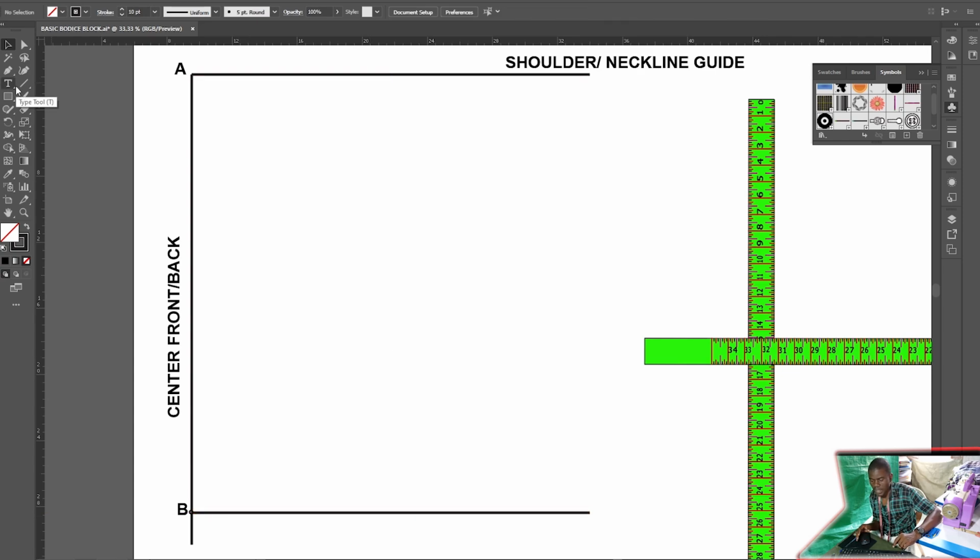Then we label this our hip stroke hem stroke bodice length.